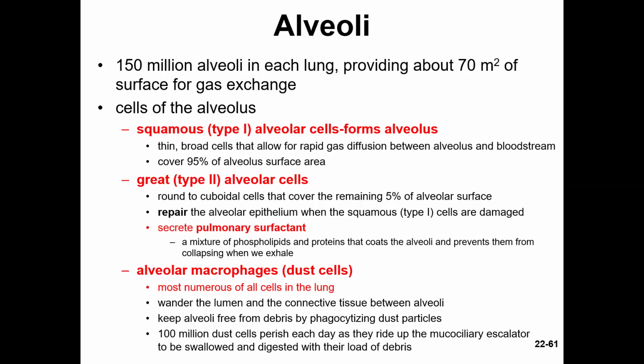So oxygen and air goes in and it spreads these cells out, so then there's less surface area for that oxygen to have to go through. We call these cells that make up the alveoli type 1 alveolar cells.